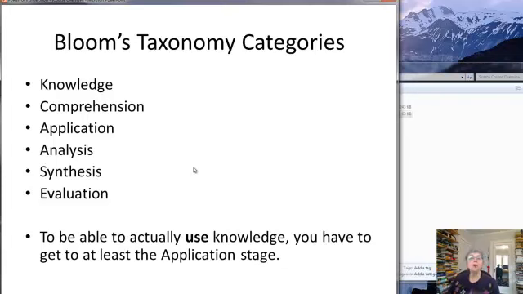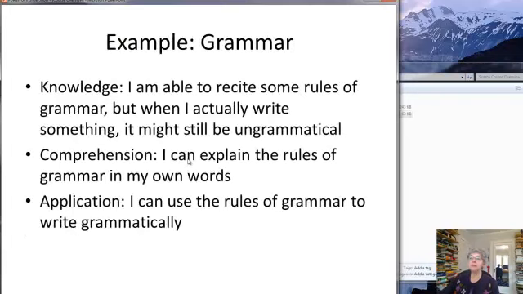Now, to be able to use knowledge, you have to at least get to the application stage. So here's an example. At the basic knowledge stage, let's apply this to grammar. At the basic knowledge stage, I could recite some rules of grammar, but when I'm actually writing something, I might not be able to apply them.